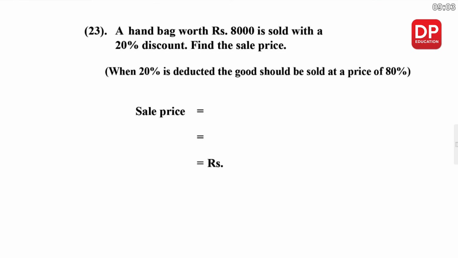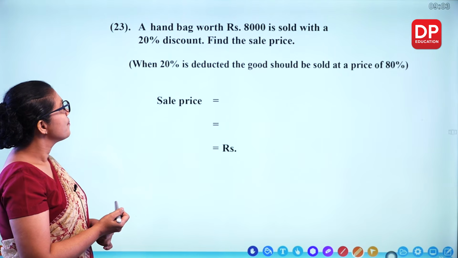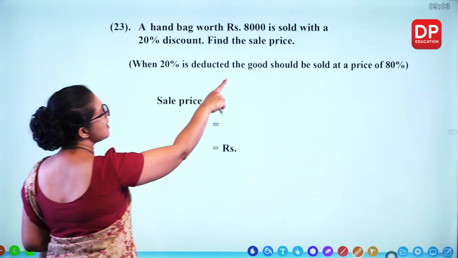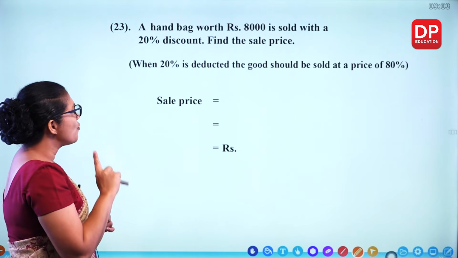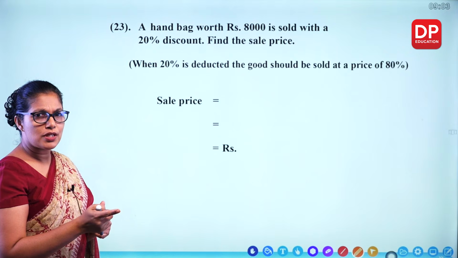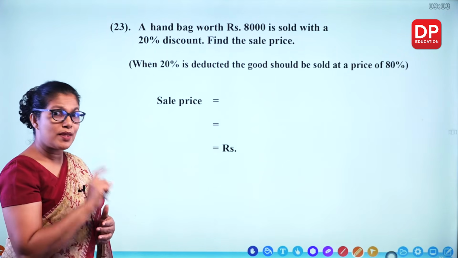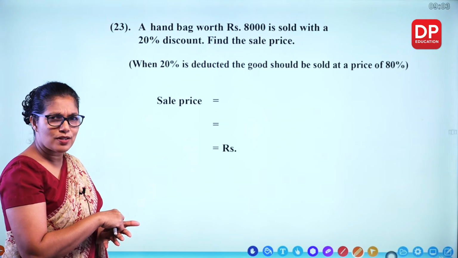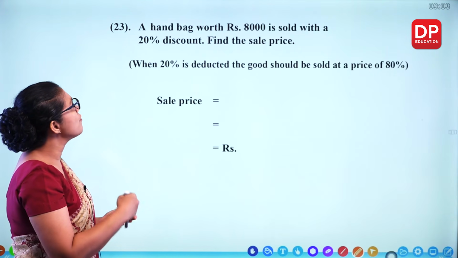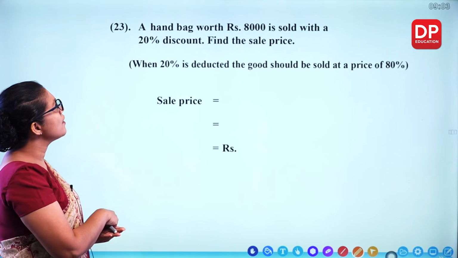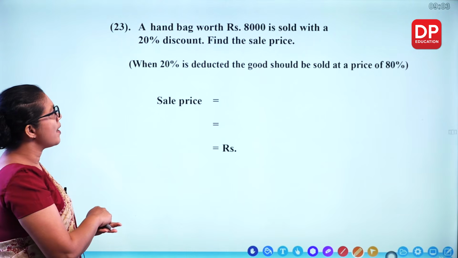A handbag worth 8,000 is sold with a 20% discount. Find the sale price. So when 20% is deducted, the goods should be sold at a price of 80%. So we can straight away find out the selling price without calculating the discount. If you calculate discount separately, you have to subtract that value from the marked price.